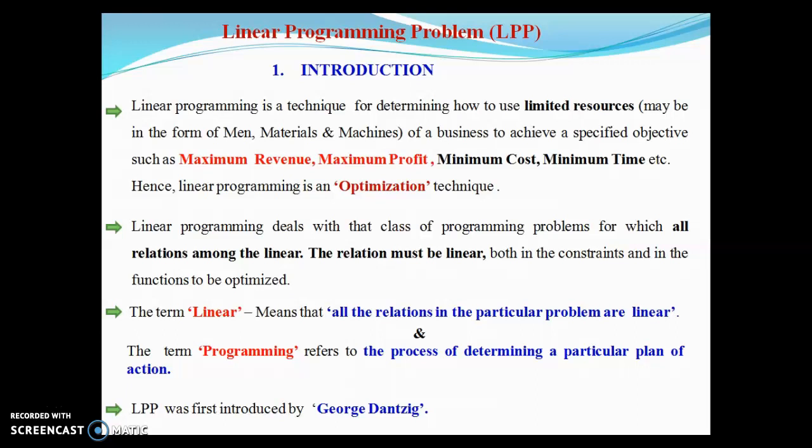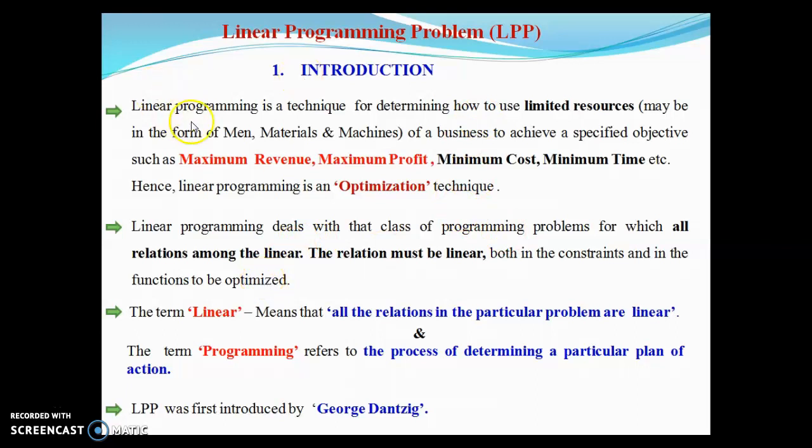Linear programming problem deals with that class of programming problems for which all the relations must be linear, both in the constraints and in the functions to be optimized. Optimize means either it is minimized or maximized.